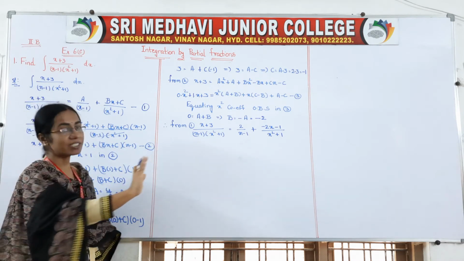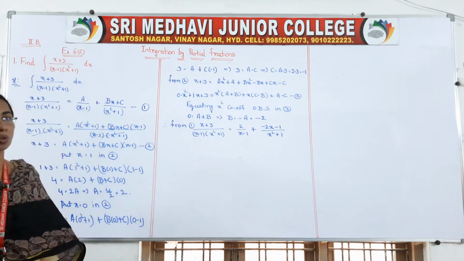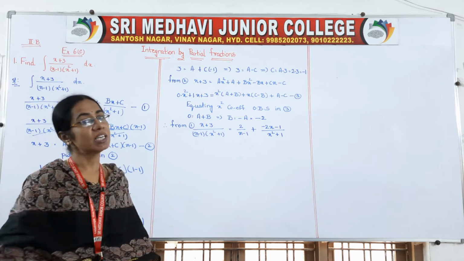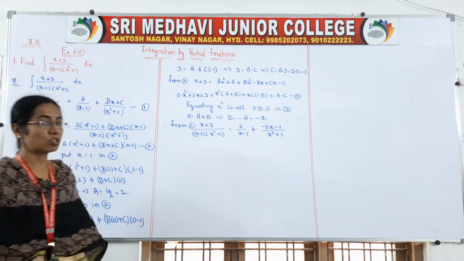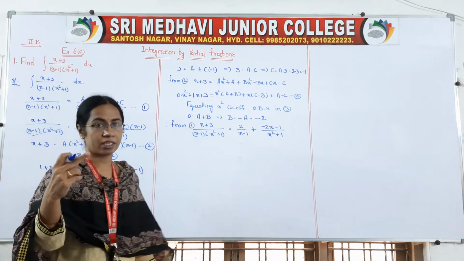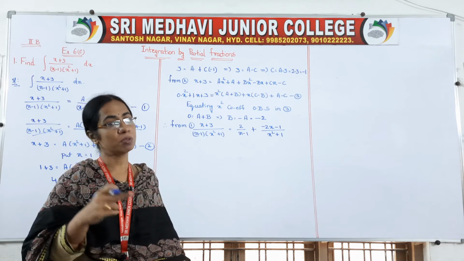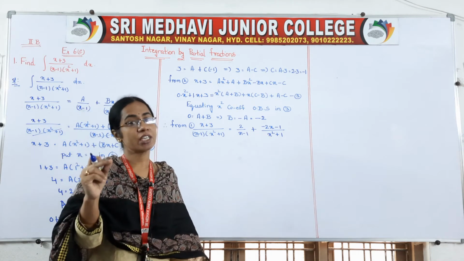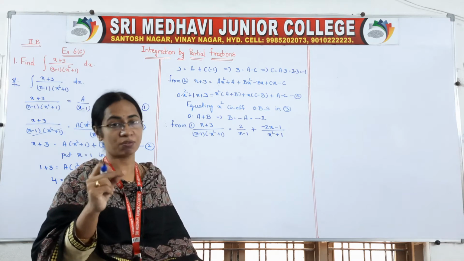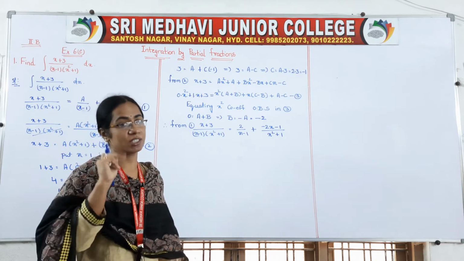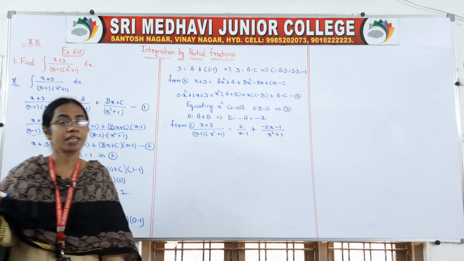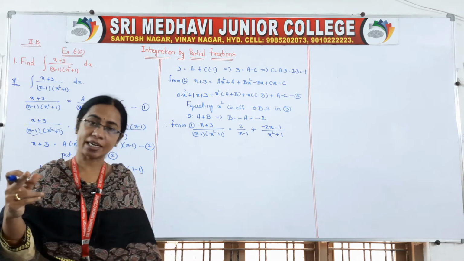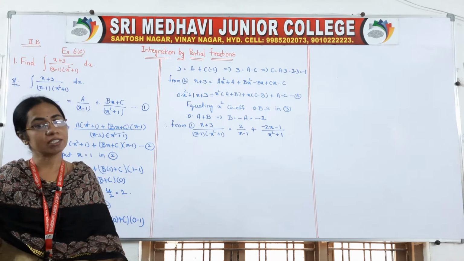So, until this point it is partial fractions only. We resolved the given fraction into partial fractions. Actually, in the beginning, while doing this type of problem, in the first case all the linear factors are different, so for each linear factor we have to take one fraction. And in the second case, one linear factor is repeated, so there that method is different.